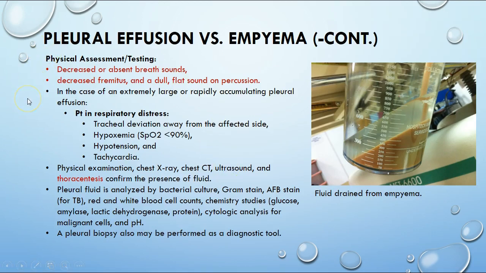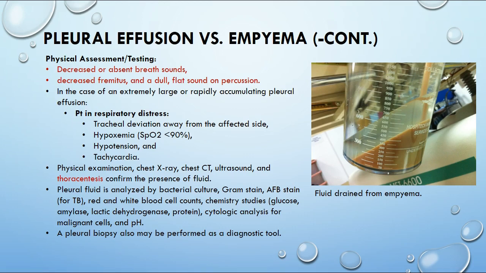You're going to have decreased breath sounds, decreased fremitus, and a dull, flat sound on percussion. If it is severe enough, patients in respiratory distress may have tracheal deviation, hypoxemia, hypotension, and tachycardia.